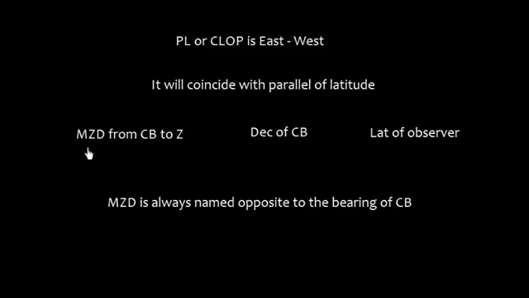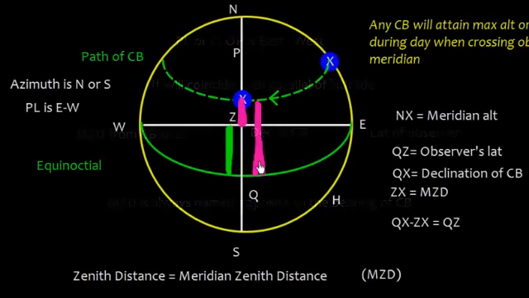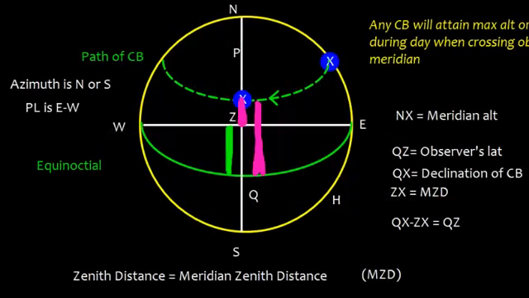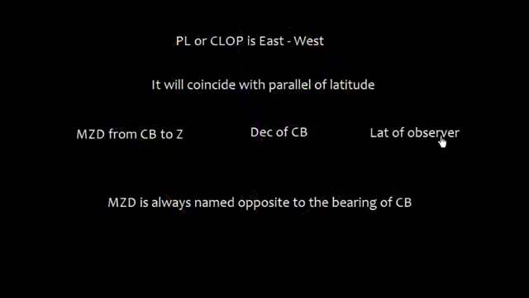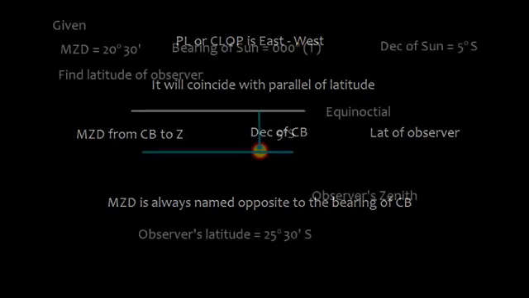So if we have the meridian zenith distance from a celestial body to the observer, and the declination of the celestial body, then of course we can find the latitude of the observer. It should also be noted that the meridian zenith distance is always named opposite to the bearing of the celestial body. Well, we'll explain it further.